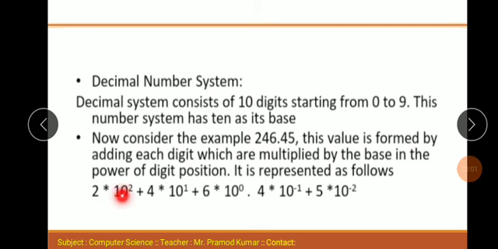So 2 into 10 to the power 2, plus 4 into 10 to the power 1, plus 6 into 10 to the power 0. After the point, the powers are negative: 4 into 10 to the power minus 1, plus 5 into 10 to the power minus 2. So you can easily find a decimal number through this method.